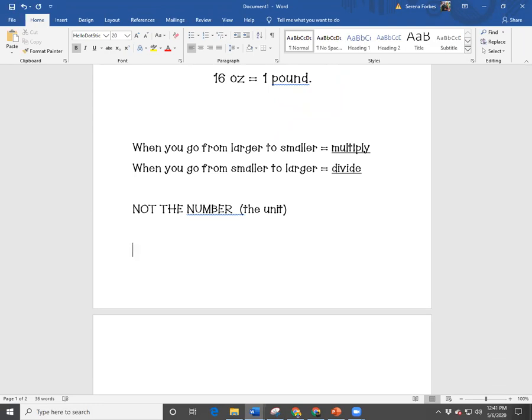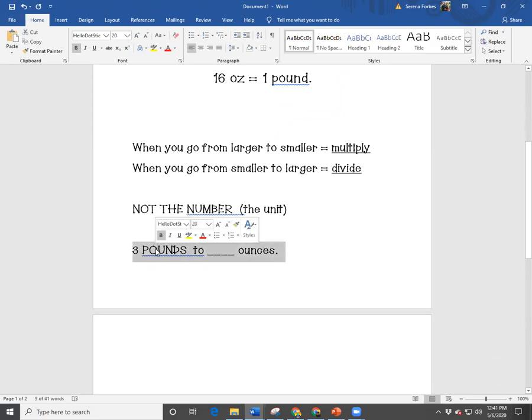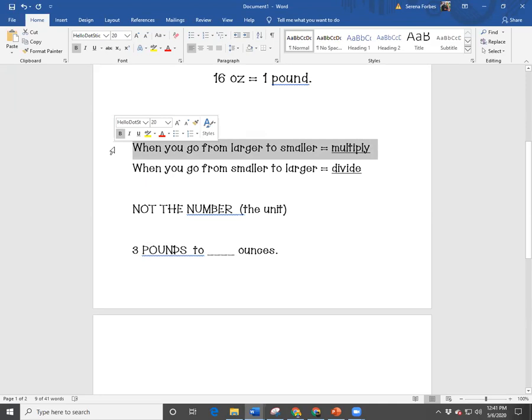So if we are talking about, let's say, 3 pounds to blank ounces, well, we have to ask ourselves, we're going from pounds to ounces. So which one is bigger, pounds or ounces? Pounds is bigger. So therefore, we're going larger to smaller. It is going to be a multiplication equation because pounds is larger than ounces.